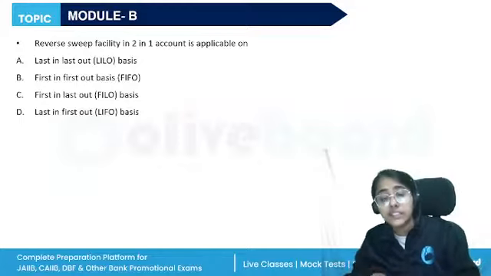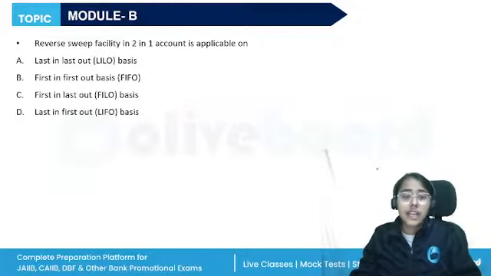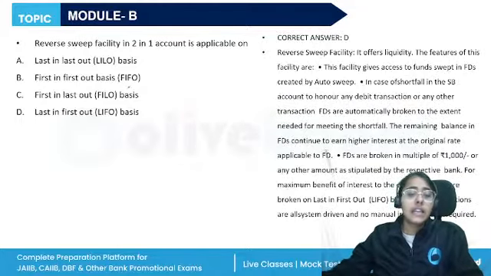For answering this question, you should understand the meaning of the reverse sweep and the auto sweep. So what will be the correct answer? The correct answer will be option D, last in first out basis.